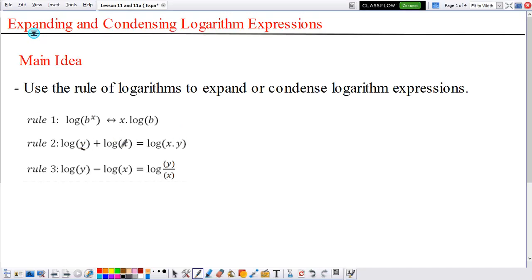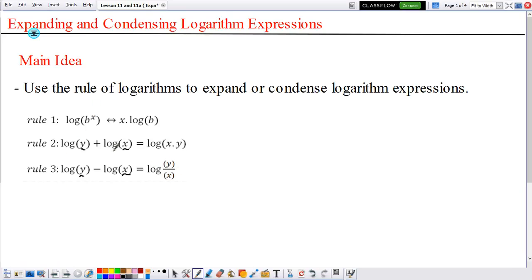So log of y plus log of x is equal to log of x times y. And the third rule says that if you're subtracting, you can divide the insides. Here the insides are the y and the x. So log of y minus log of x is equal to log of y divided by x.